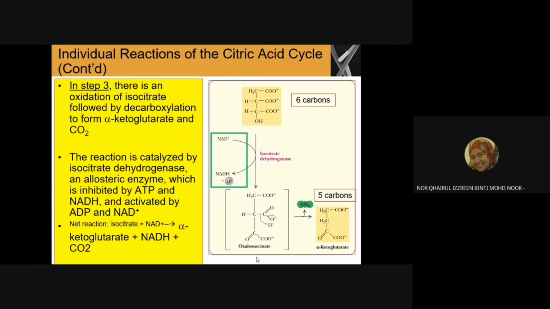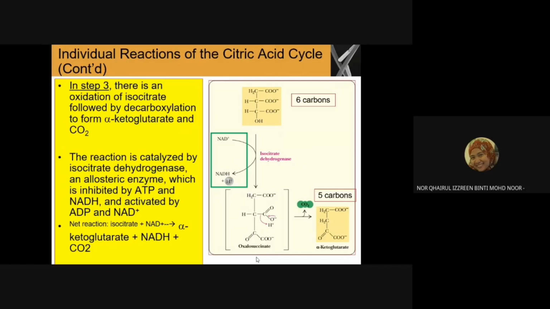So we lost 2 hydrogens from the initial 6-carbon molecule to produce oxalosuccinate. Later on, this oxalosuccinate loses CO2, as you can see in this figure, producing the 5-carbon molecule alpha ketoglutarate.